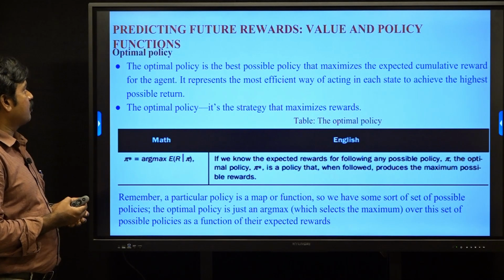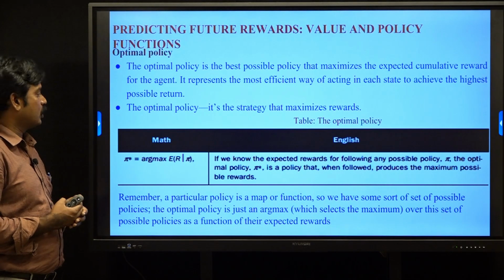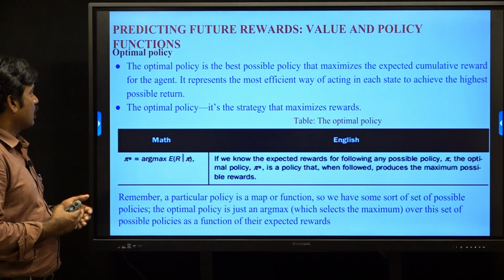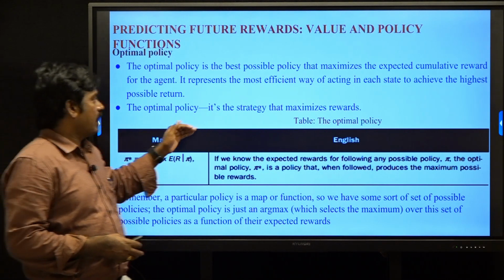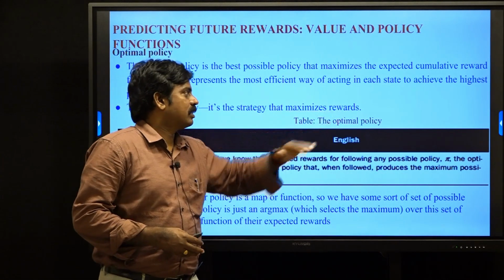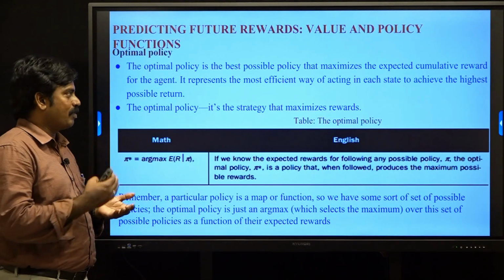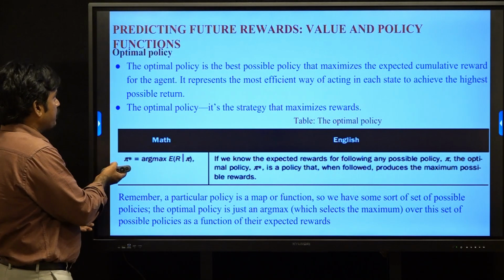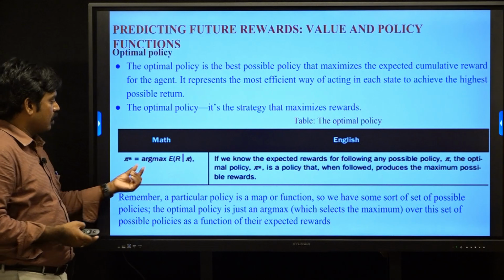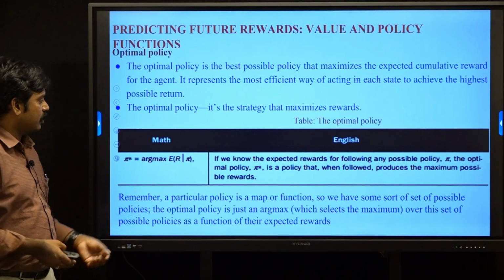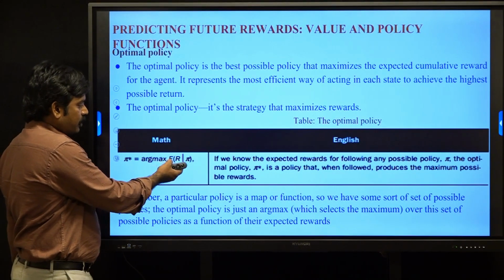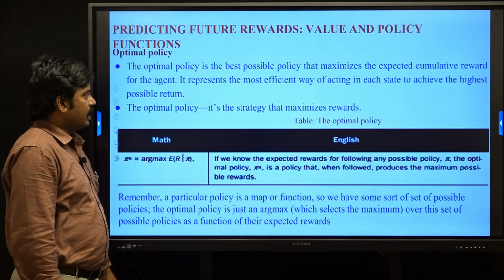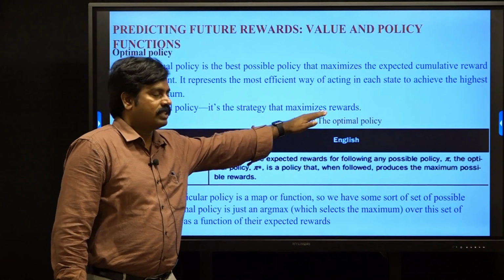In the policy function, we use the optimal policy to get the maximum rewards. The optimal policy gives the strategy that maximizes rewards. It is denoted pi star, equal to the argmax of the expected rewards over policies pi.